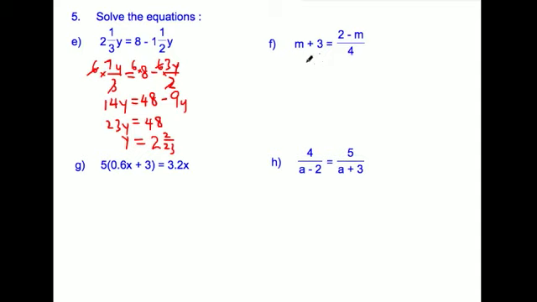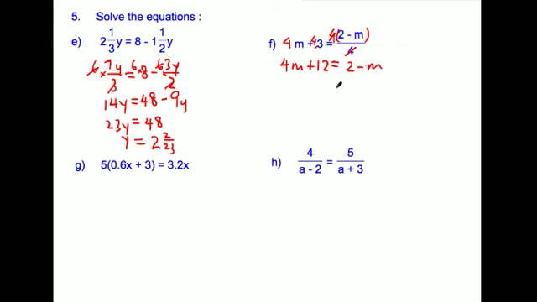In this example, again, we have a fractional equation, so we need to multiply throughout by the LCM, which is 4. Multiply by 4, so that we can cancel the denominator. 4m plus 12 equals 2 minus m.